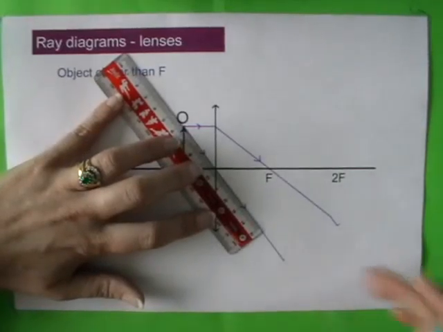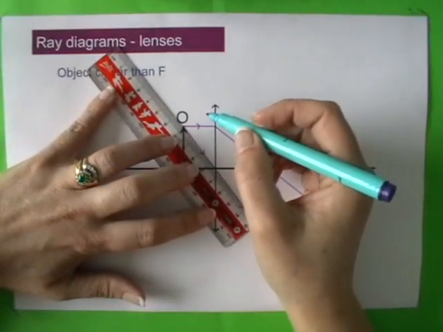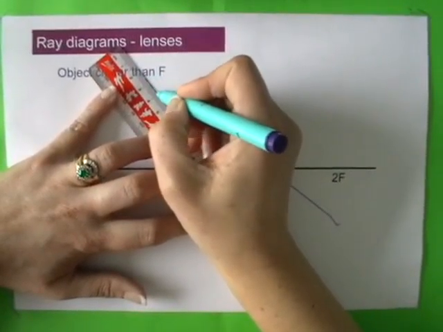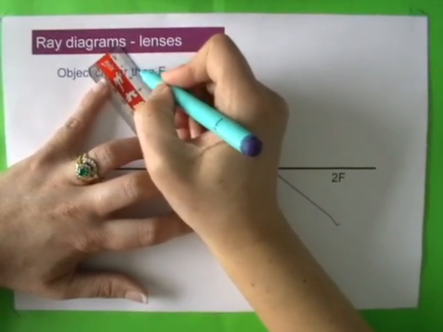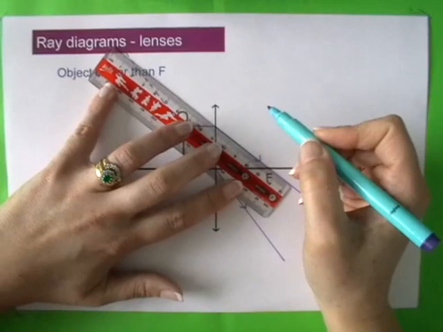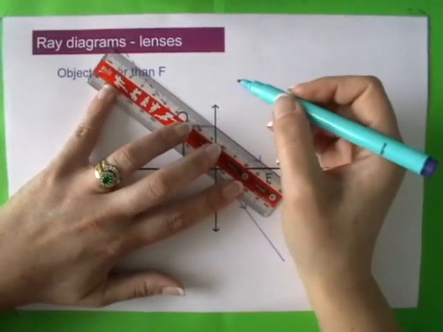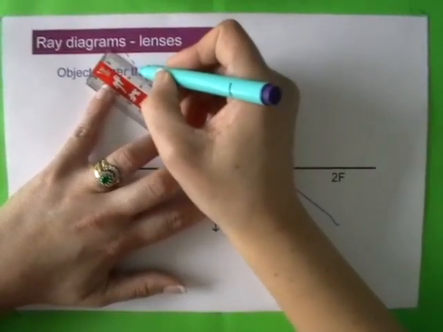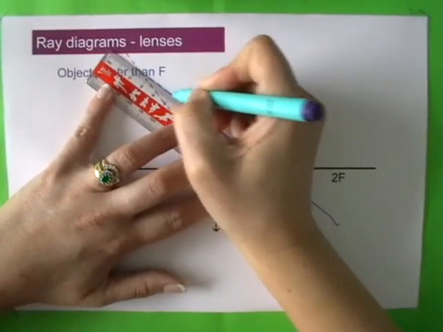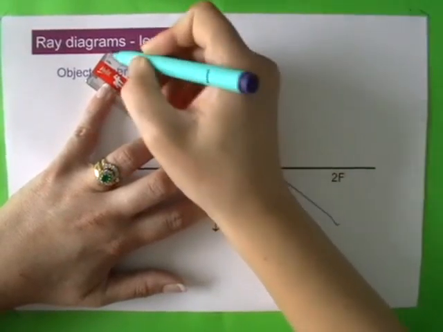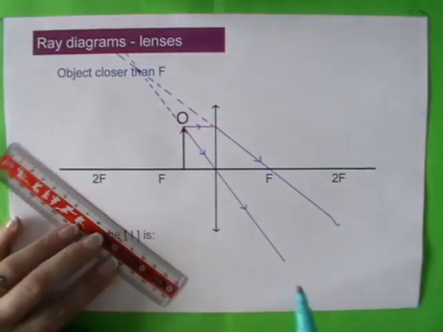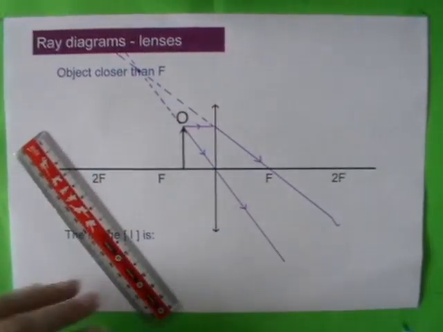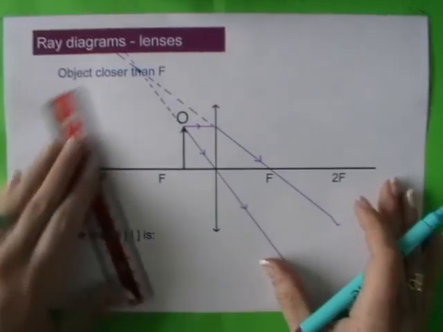But if we then extend the rays backwards on the same side of the lens as the object, we will find that they do converge. And unfortunately in this case it's in the middle of the writing. But they converge at a point to the left of the lens, in other words on the same side of the lens as the object.